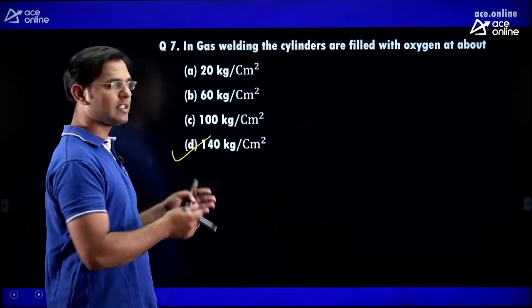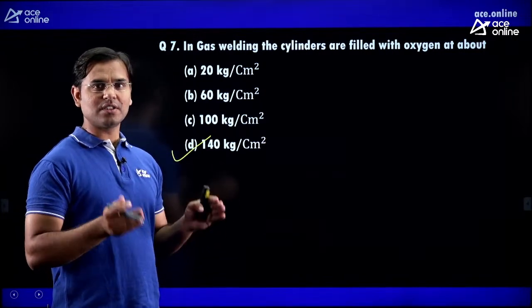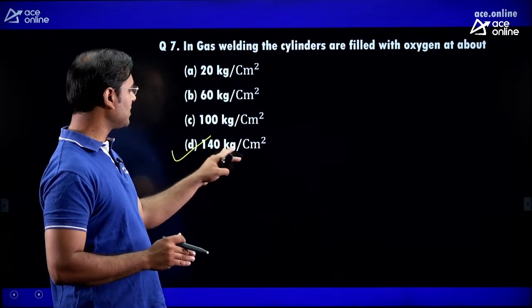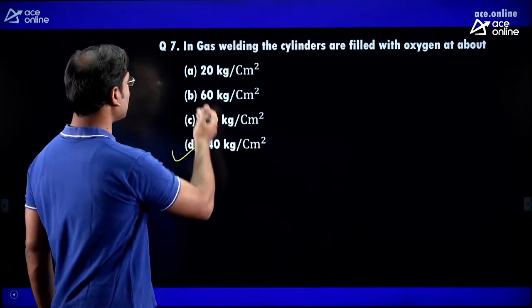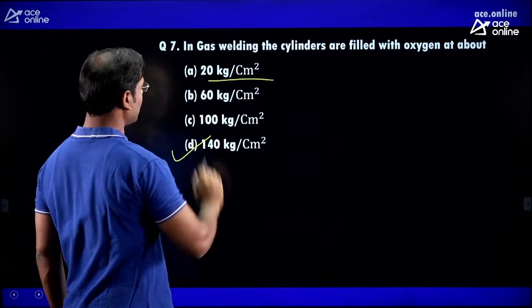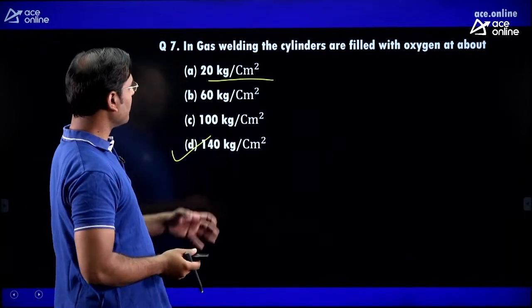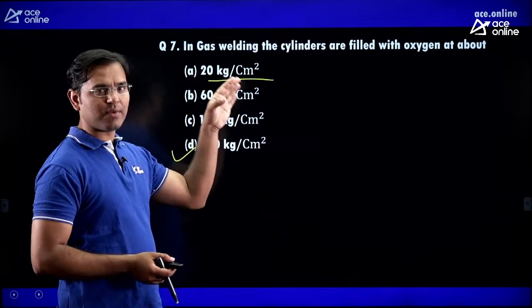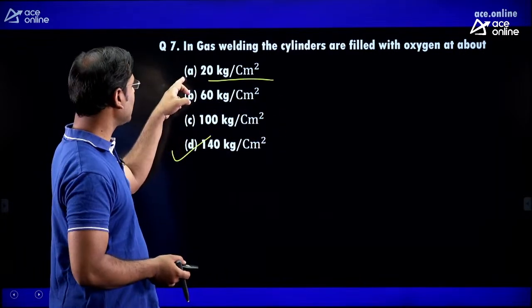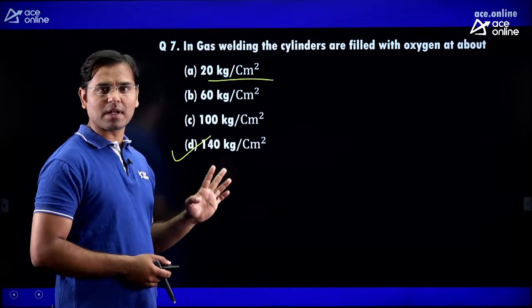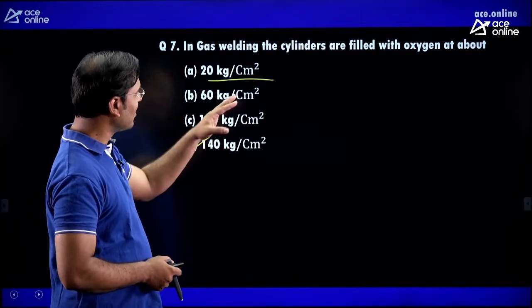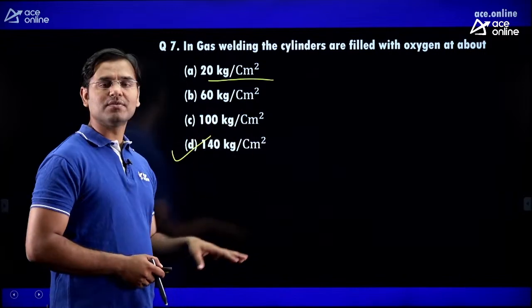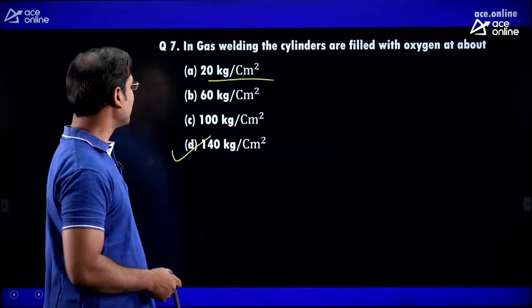This oxygen is stored at 140 kilogram per centimeter square, and acetylene is stored at around 20 kilogram per centimeter square. If they asked about acetylene, the answer would be option A, 20 kilogram per centimeter square. But here they asked about oxygen, so the correct answer is 140 kilogram per centimeter square.